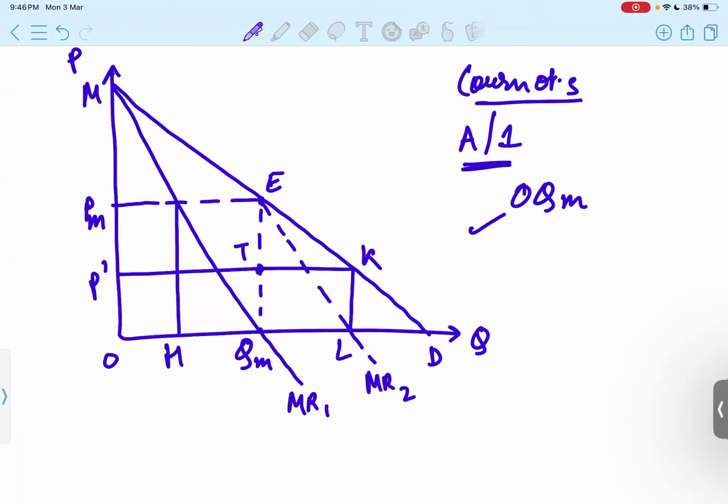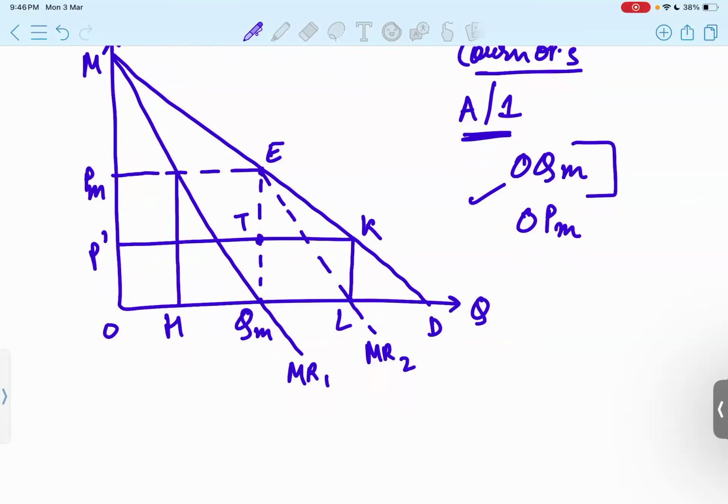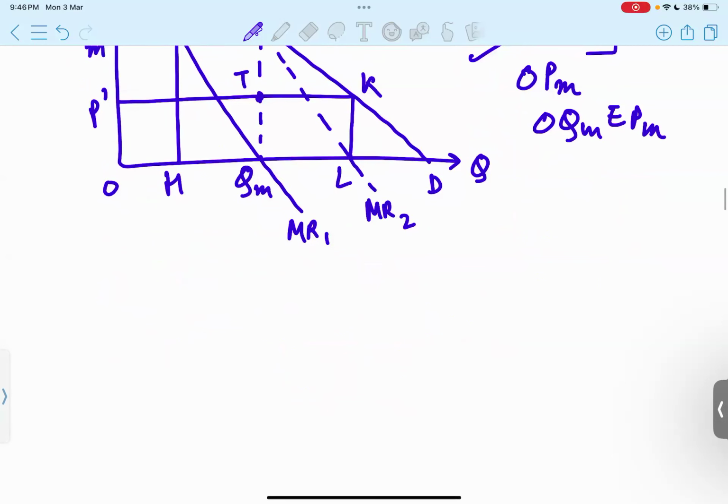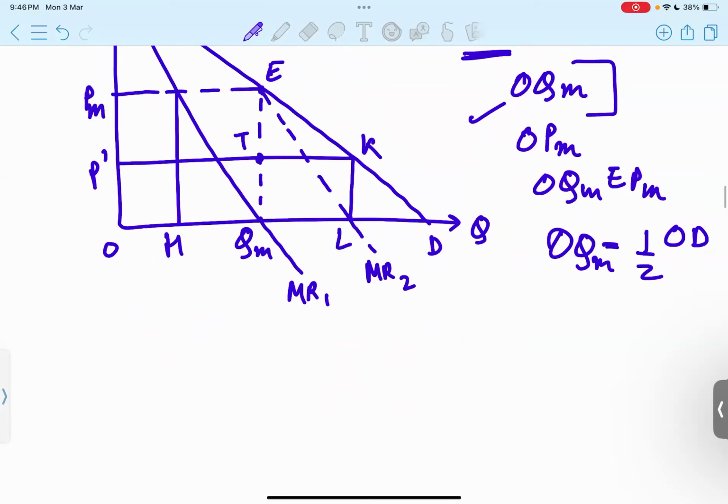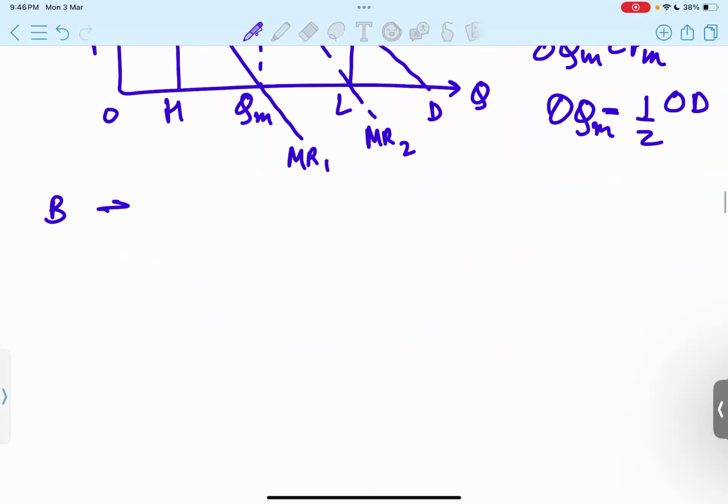So this is the monopoly level of output, and the monopoly level of price, price OPM. The profit at this level would be the area OQMEPM. OQM is also half of the total output that can be produced, which is OD. Now, the second firm enters the market.